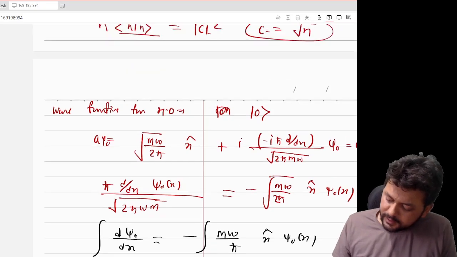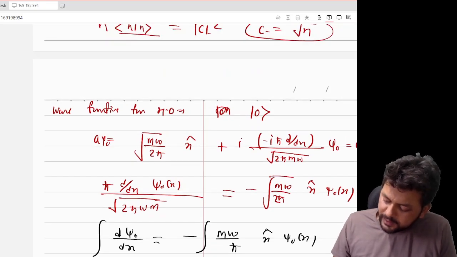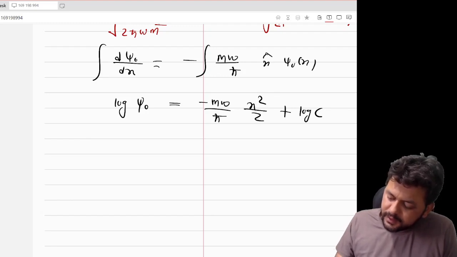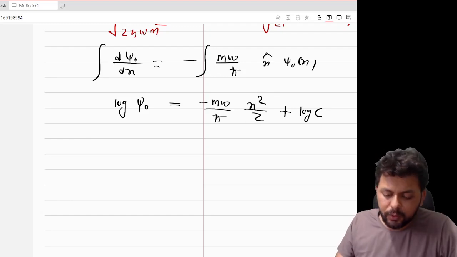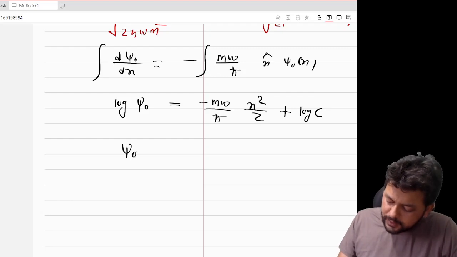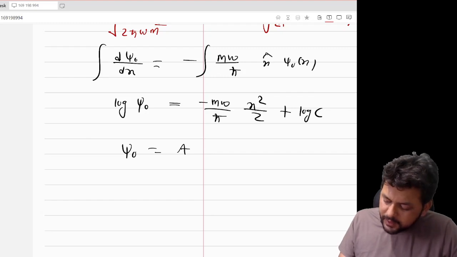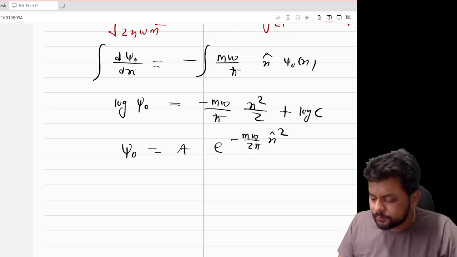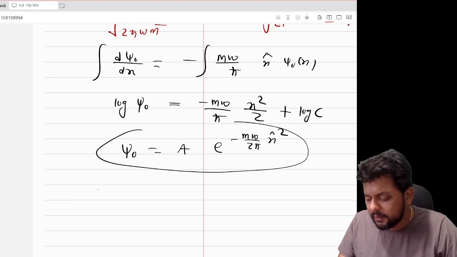So we just operate it, multiply it, solve it. When you integrate x, it becomes x square by 2 plus log of c. From this log a minus b log a upon b, it becomes e to the power exponential minus m omega upon 2h cut x square. This is our quantum mechanical wave function.